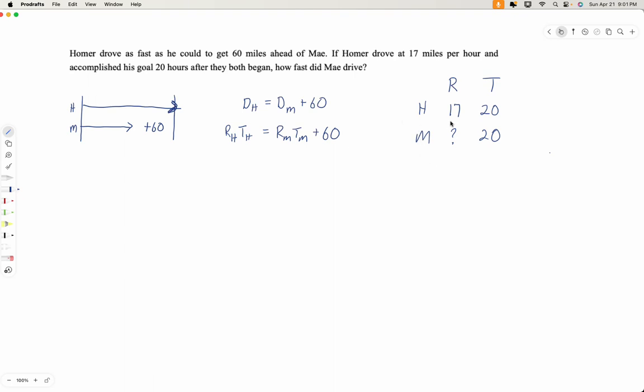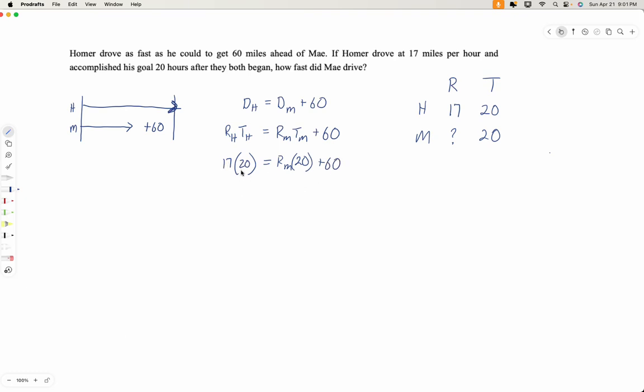So we can start dropping this information in. So we know the rate of Homer is 17 and the time of Homer is 20. We don't know the rate of May, but we know the time of May is 20. So now we can do some calculations.